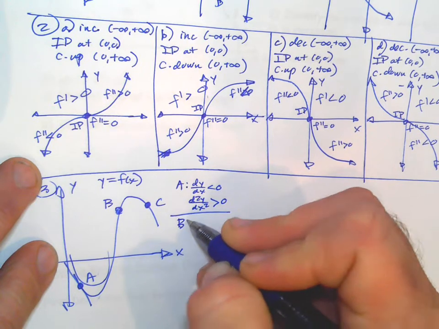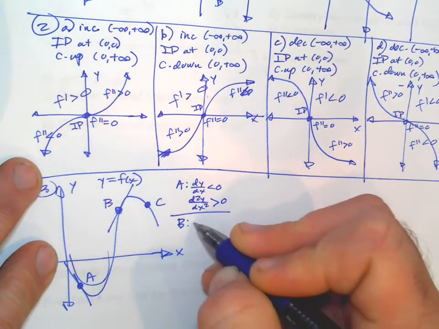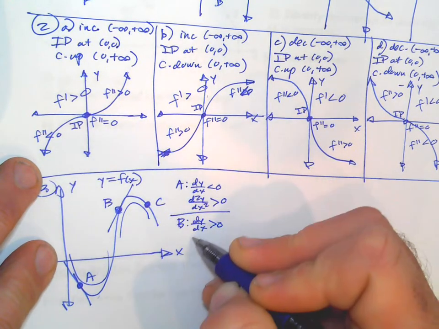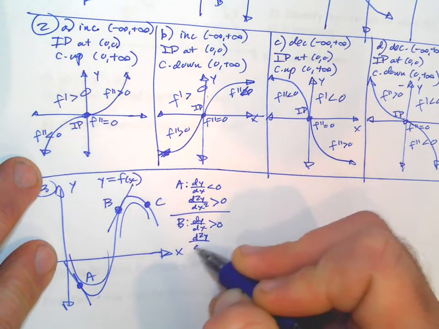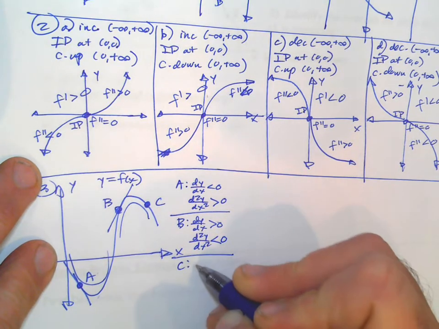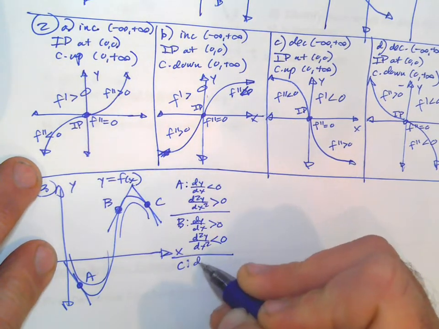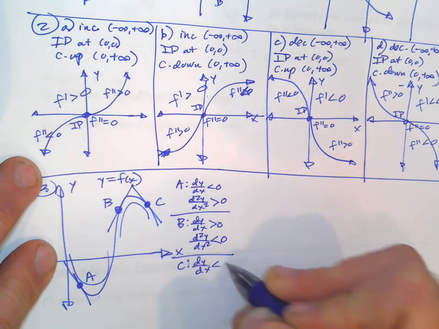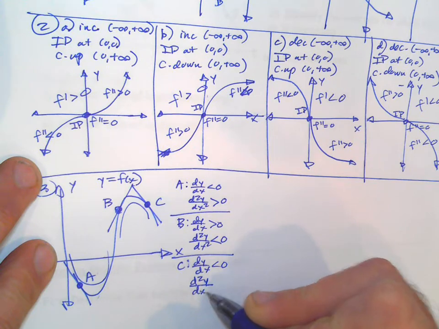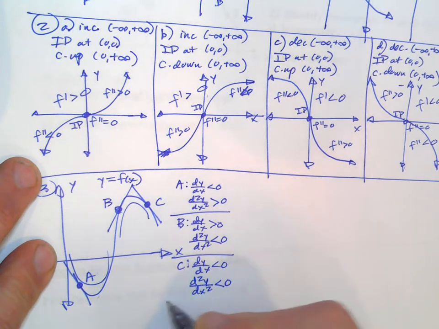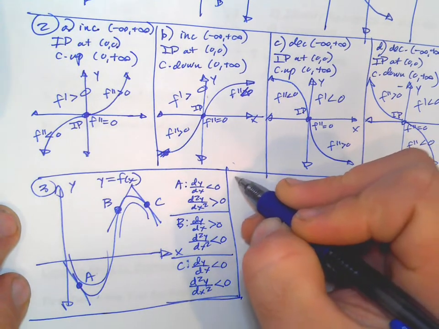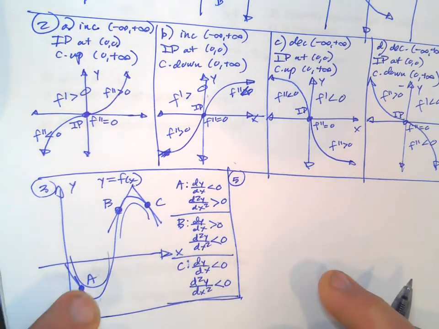Point B has positive slope, dy/dx is positive, and it's concave down, so the second derivative is negative. At point C, slope is negative, so dy/dx is negative, and it's concave down, so the second derivative is negative. So there you go. It's a quick little analysis of that graph.